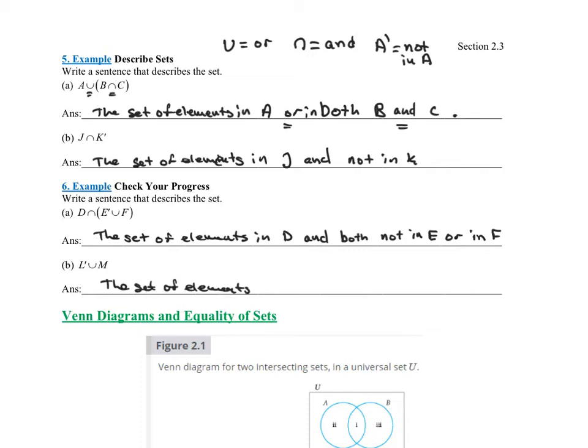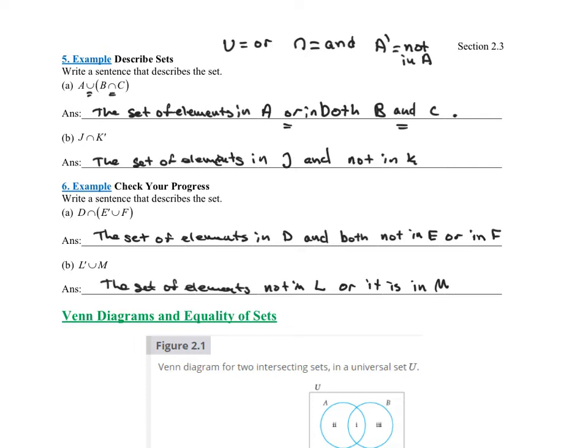It's the set of elements not in L. And then it's a union, or, and then it's M, so we would say or in M. So it's not in L, or maybe I should change this up because the English language is a little difficult here. It is in M. Okay, so it's not in L, or it is in M. So those would be the verbal descriptions of those.